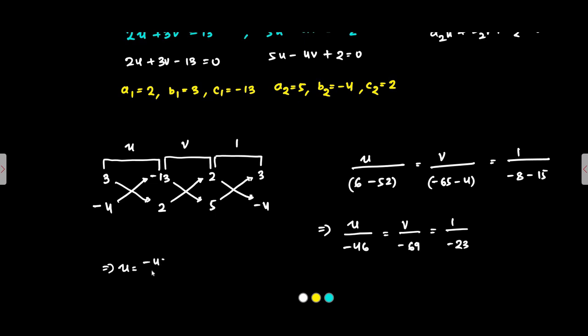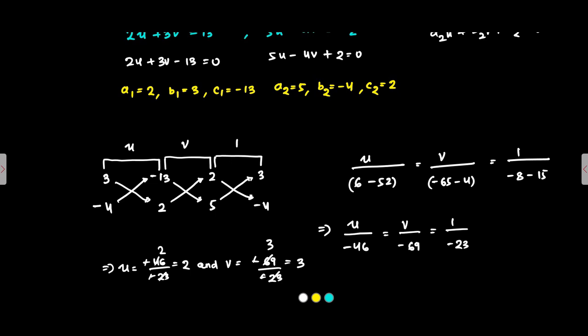So that implies u is equal to -46 by -23, which is equal to 2, and v is equal to -69 by -23, which is equal to 3. So u is equal to 2 and v is equal to 3.